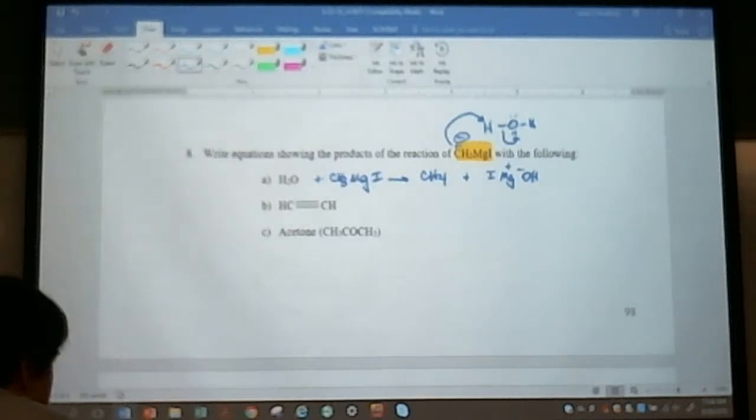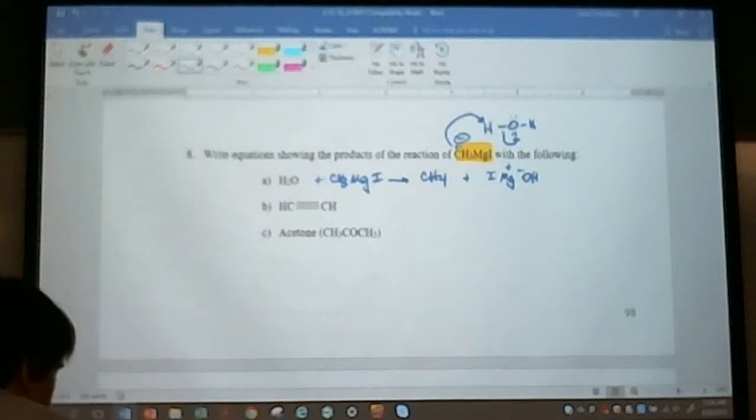But that's effectively the reaction that kills your Grignard in the presence of water. The Grignard picks up hydrogen, and it never gets to attack whatever carbonyl compound you're looking at. Right?